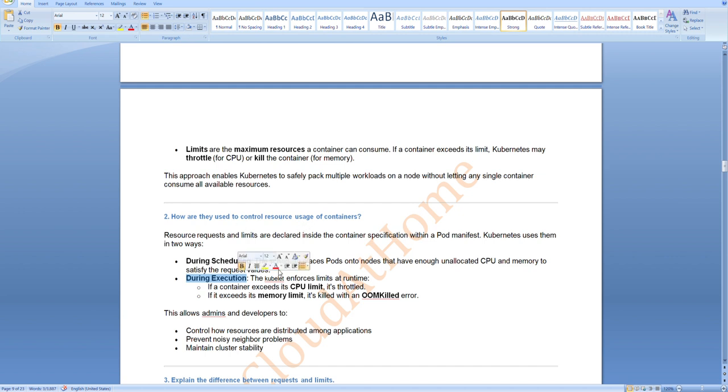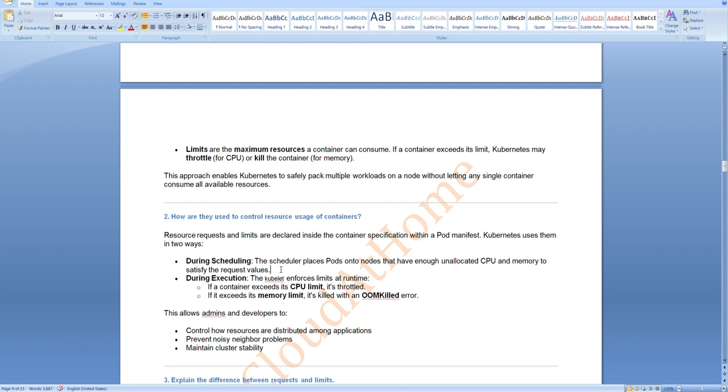When we say during scheduling, the scheduler places the pod onto nodes that have enough unallocated CPU and satisfy the request. So the scheduler will only place the pods onto the nodes when there is enough CPU allocation present. That's what we have discussed.